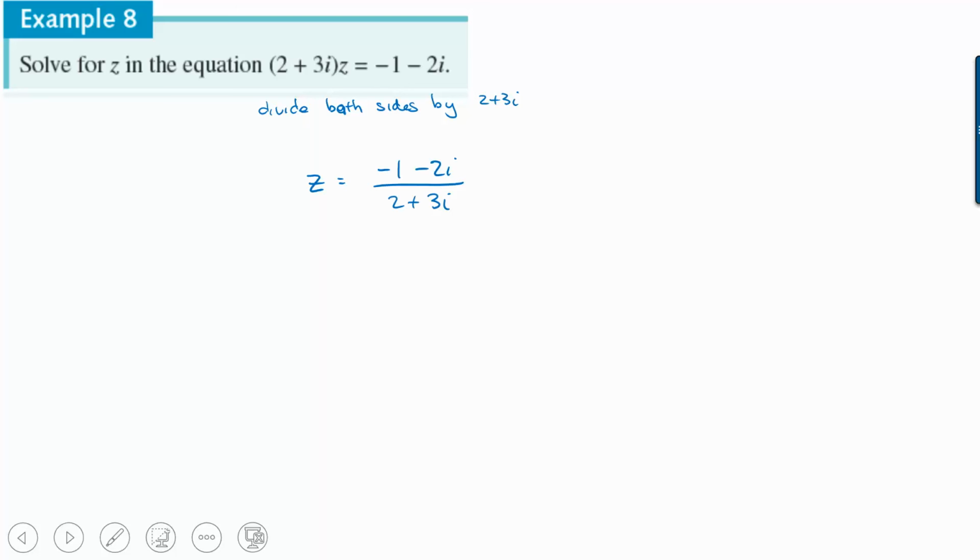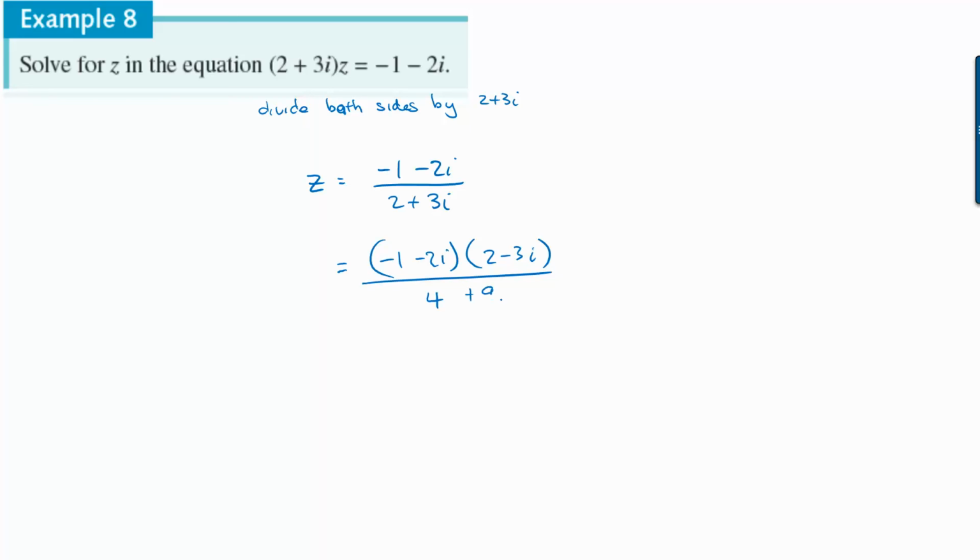Okay, so if I now times it by the conjugate, this will give me -1 minus 2i times 2 minus 3i over, technically this will become just 4 plus 9. Oh yeah, 13. So it becomes 13. So the nice thing is now I can say it's a factor of 1 on 13 multiplied 2.